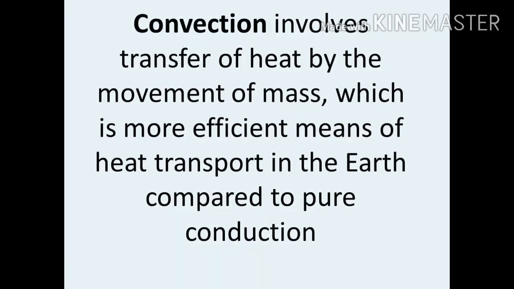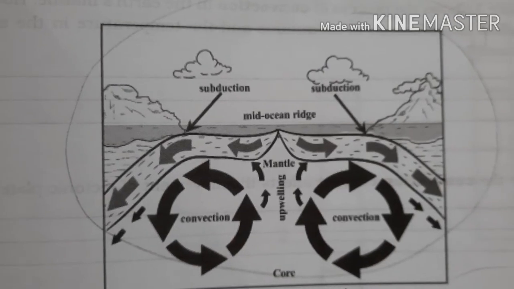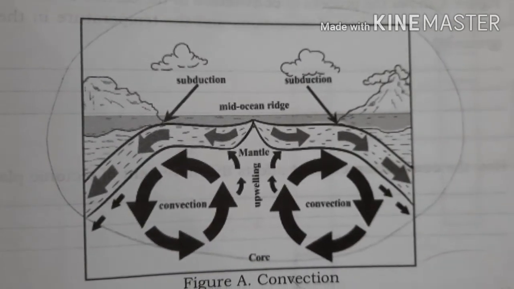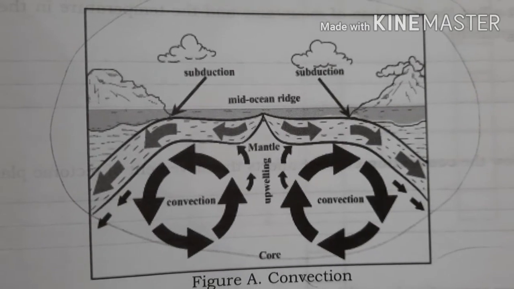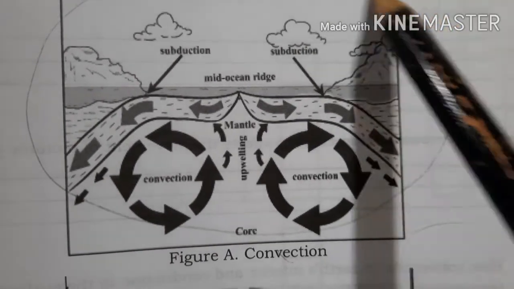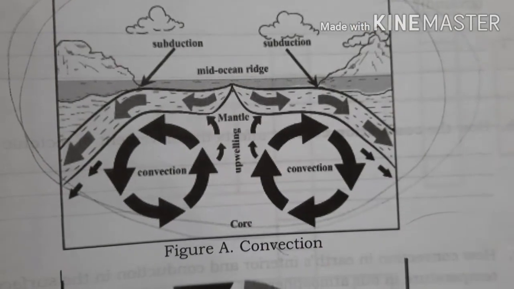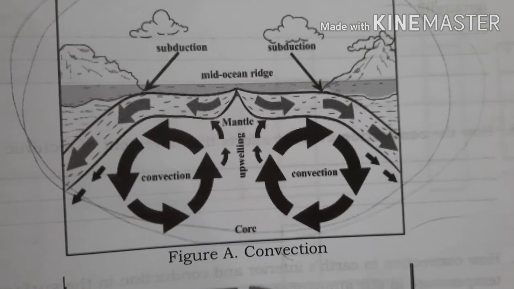While convection involves the transfer of heat by the movement of mass, which is a more efficient means of heat transport in the Earth compared to pure conduction. It is the transfer of heat due to the bulk movement of molecules within fluids, including molten rock. This illustration shows the convection cell.